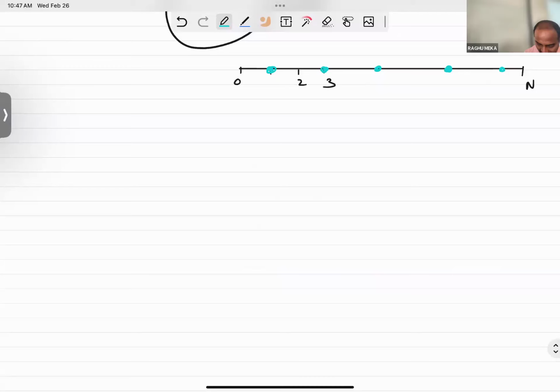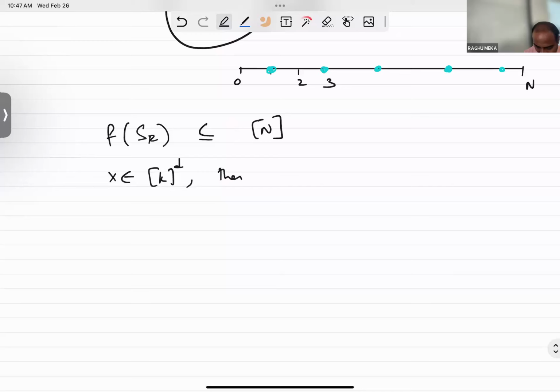So let's do that. We want to say that f of S^d is a subset of [N] for some N. If x belongs to [k]^d, then f of x is less than or equal to, let's write it down.